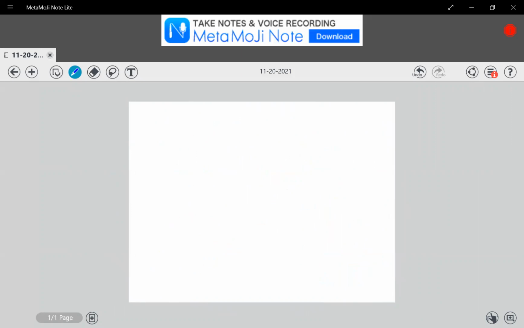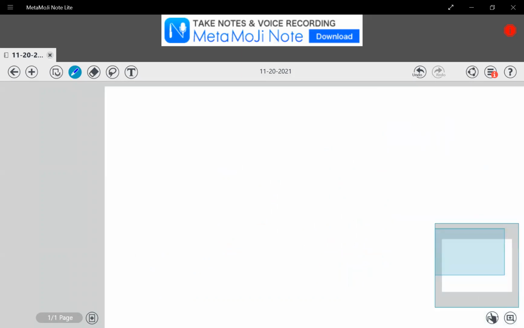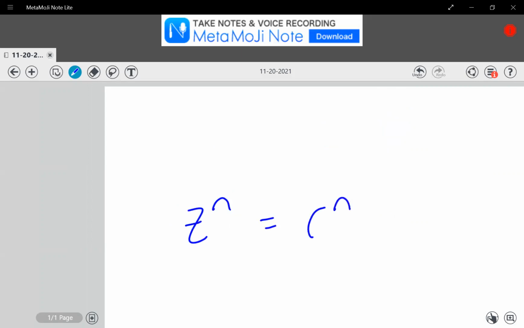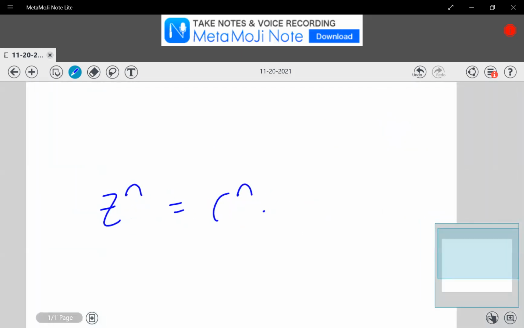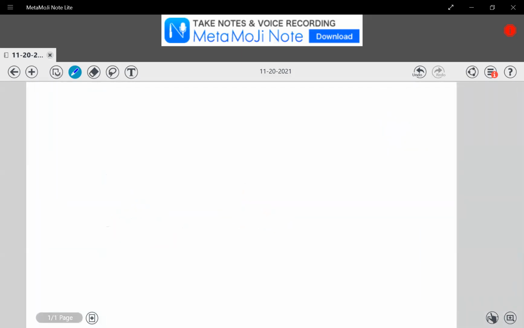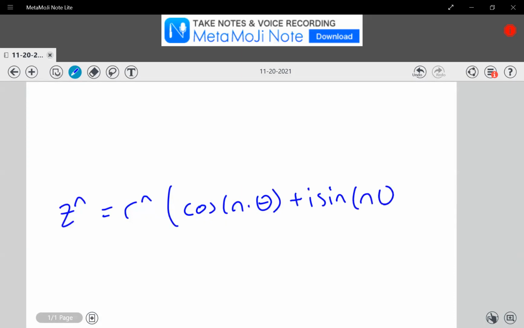So the final thing for this is De Moivre's theorem, which actually kind of derives from Euler's theorem. And it's that z to the power of n is equal to r to the power of n times cosine of n times theta plus i sine of n times theta.